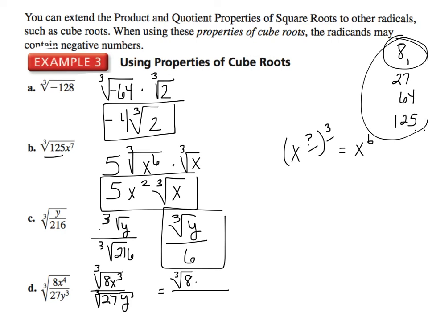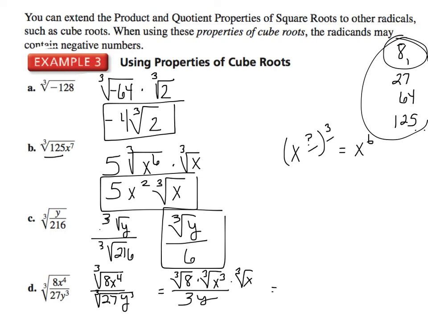Oops, I just realized that should be a 4 here. I have to have a multiple of 3, so I'm going to break it up into the cube root of x to the 3rd times the cube root of x. On the bottom, I don't have to do anything with it because the cube root of 27 gives me 3. The cube root of y to the 3rd gives me just y.